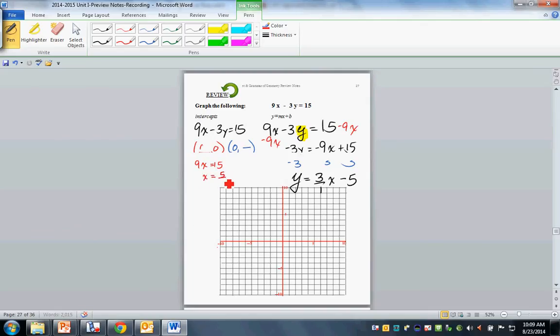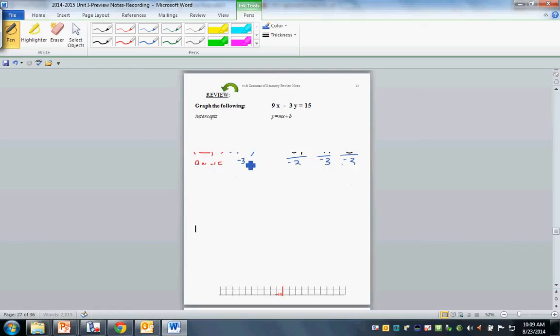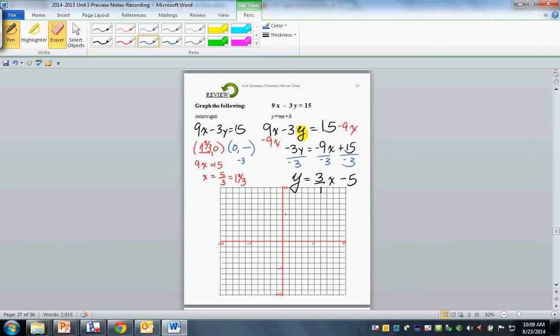Therefore, x is going to equal 5 over 3, which is 1 2/3. If I put a 0 in the x, I end up with negative 3y equals 15. Therefore, y is at negative 5.